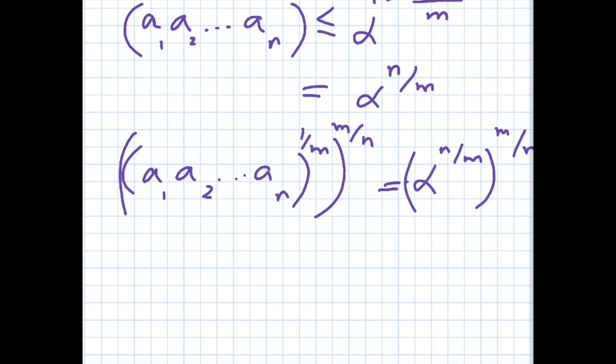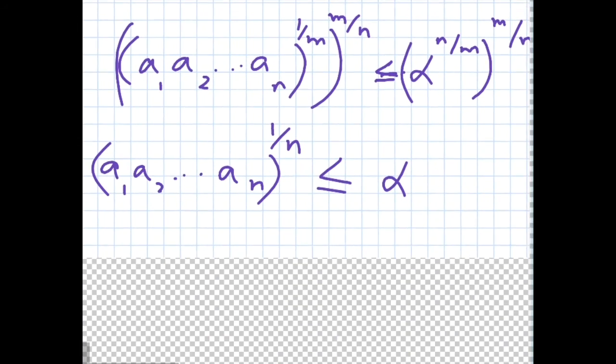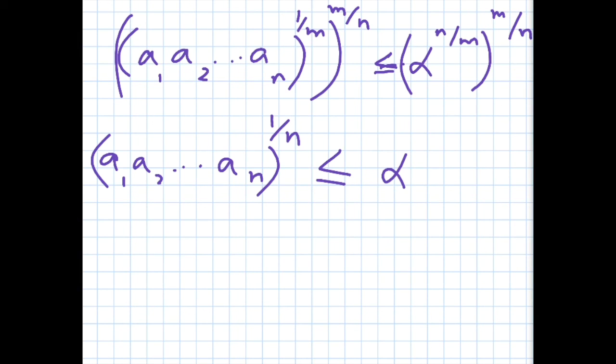So this becomes a1, a2 up to an to the 1 over n, which should be less than alpha. This means that the geometric mean of 1 to n is less than the arithmetic mean of 1 to n.